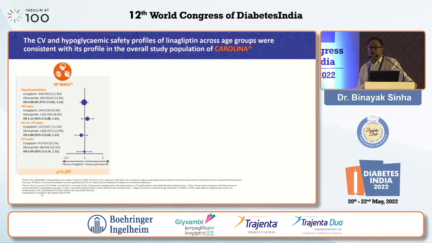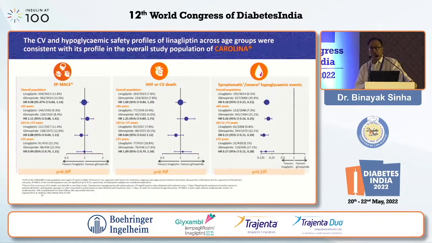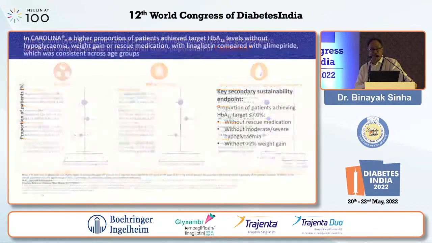In addition to that, we look at the CAROLINA data, we look at the safety profiles, and you can see very clearly that there is no difference in 3P MACE, heart failure, or CV death. However, as you would expect, sulfonylurea is a potent hypoglycemic agent which causes quite a bit of symptomatic and severe hypoglycemia. And when you compare linagliptin, whether you look at the younger people or the older people or the very elderly, there was a statistically highly significant reduction of hypoglycemia with linagliptin versus sulfonylurea.